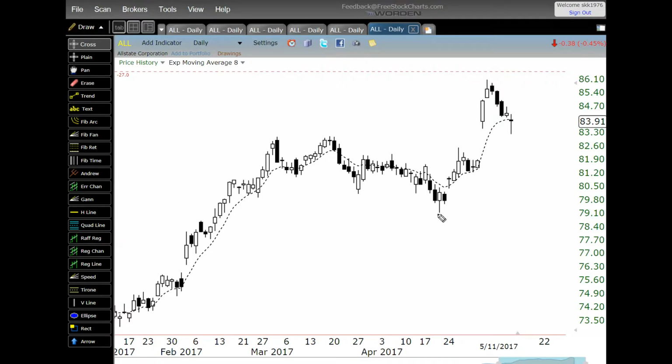The price went up and then it has retraced. Now it's putting a doji there like this. So it could mean that the price has actually stopped and it's going to reverse and go back up. It could mean that, which is what we want.